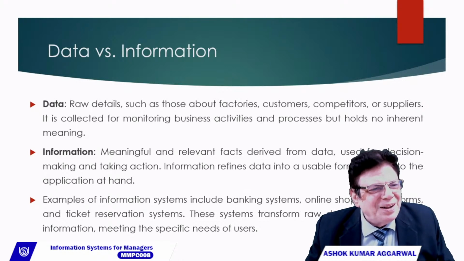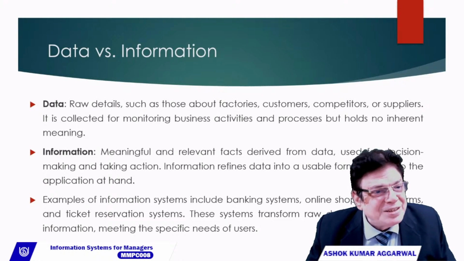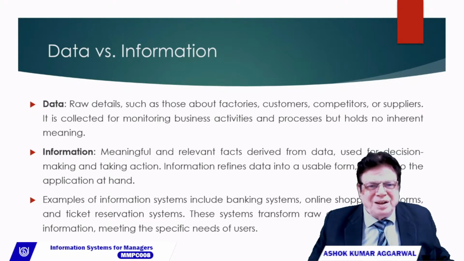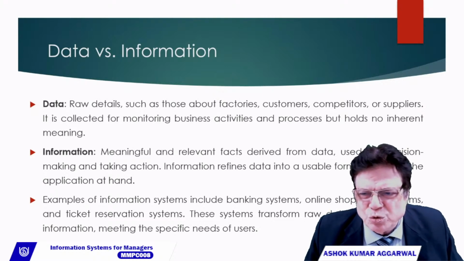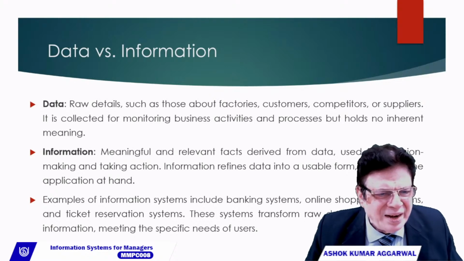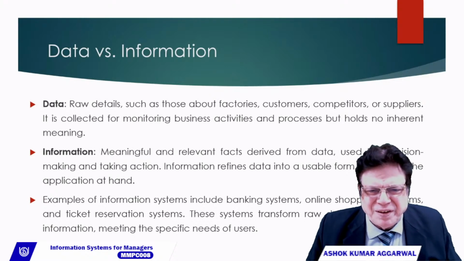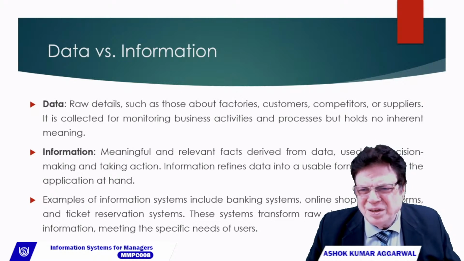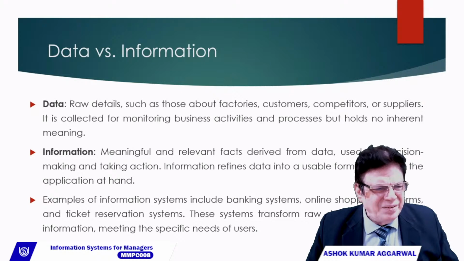You can compare whether it is increasing or decreasing. If it is decreasing, why is it decreasing? Then information: meaningful and relevant facts derived from data used for decision making and taking action. Information refines data into a usable form tailored to the application at hand.